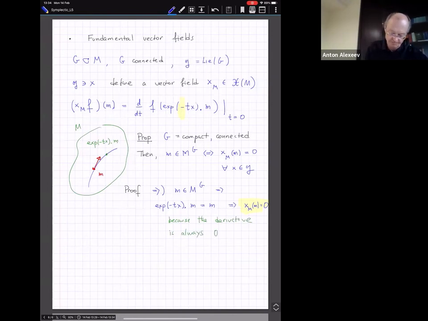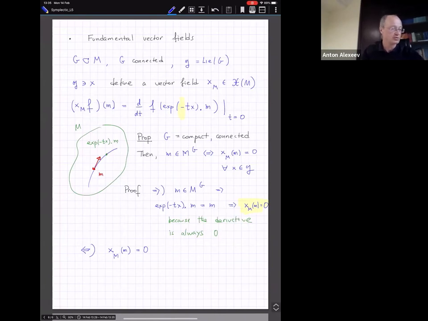All right. The other direction is also kind of easier, but maybe I don't write the proof in a very formal way. In the other direction, we are saying that the vector field vanishes at that point.